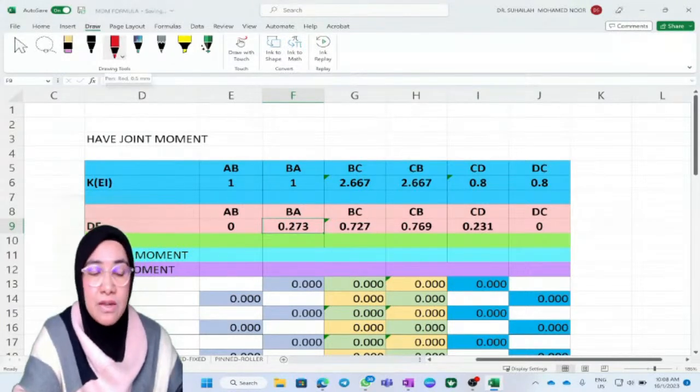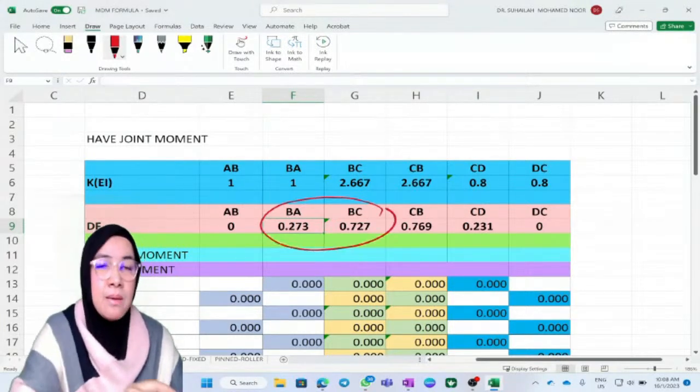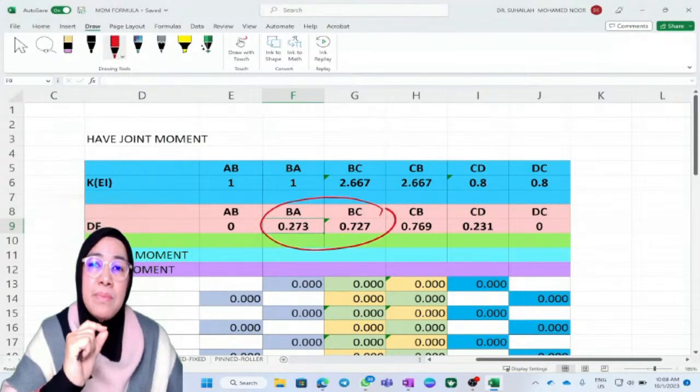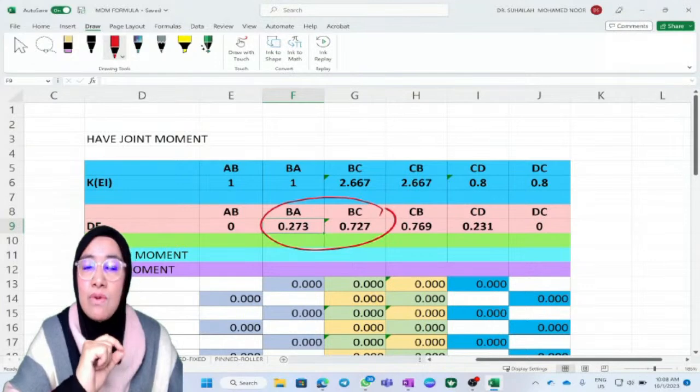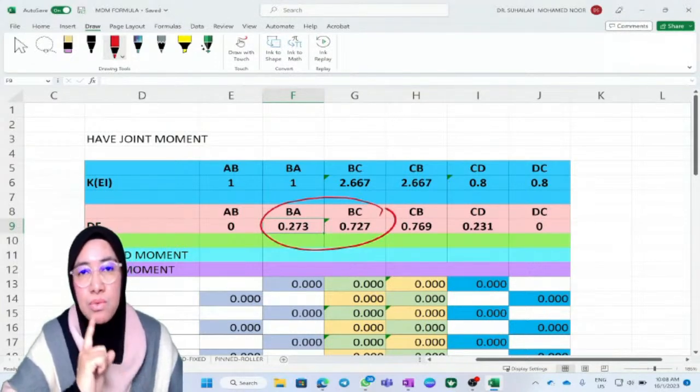BA plus BC is joint B, so the total distribution factor for joint B must equal 1.